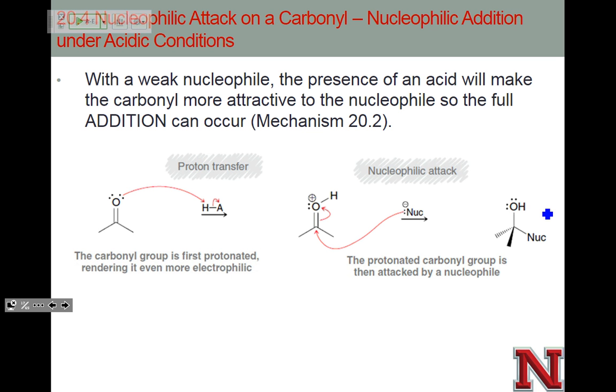That'll form this oxygen with a positive charge, which is more likely to take electrons on. Then if we use a weak nucleophile, and that shouldn't have a negative charge on it, pretend like it doesn't. Typically, when we're talking about a weak nucleophile, we're looking at a neutral nucleophile. We can attack and we can get the addition. To make this reaction happen easier, we'll often use an acid catalyst. Because here's what we're comparing.